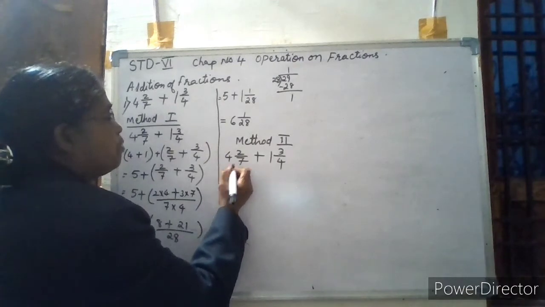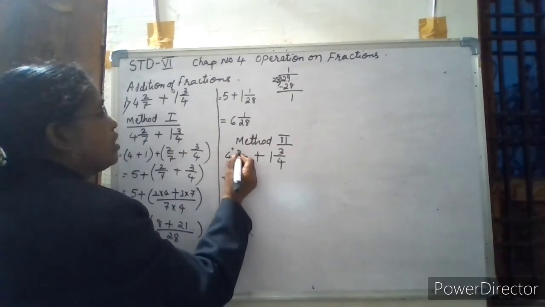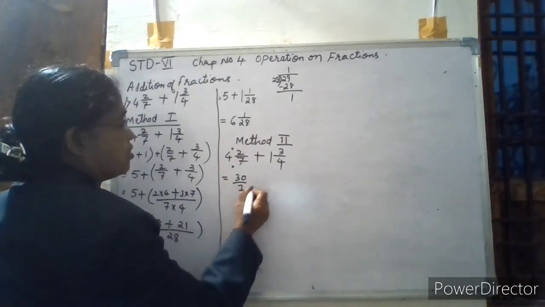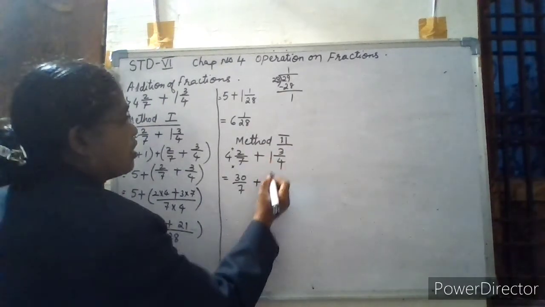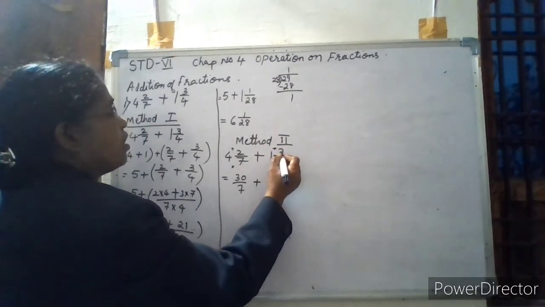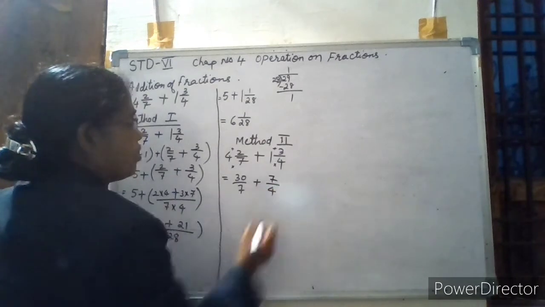So multiply, plus: 4 7s are 28, 28 plus 2 is 30. 30 by 7 I get. Then 4 4s are 16, plus 3 is 19, 7 by 4, I got.